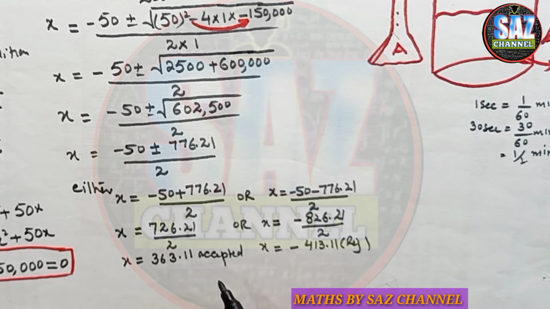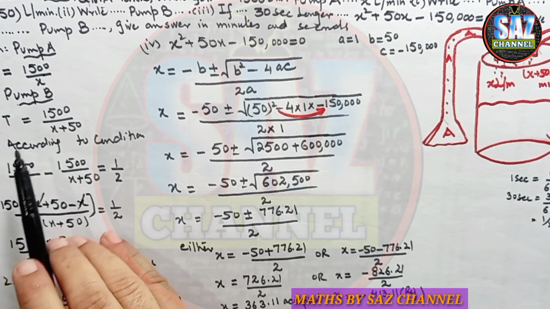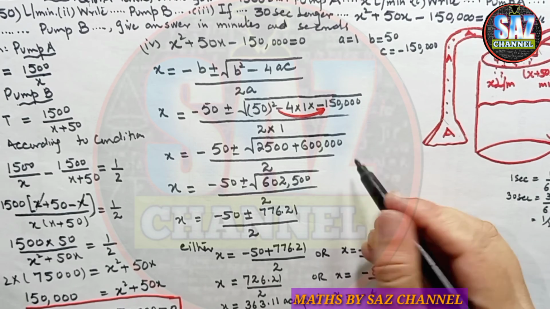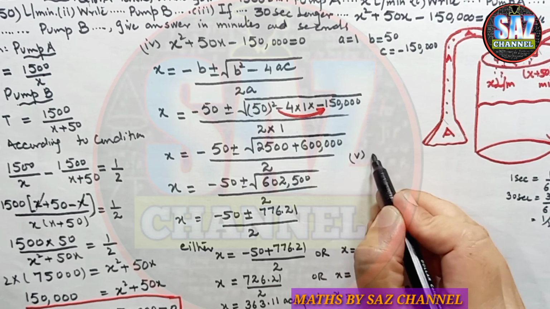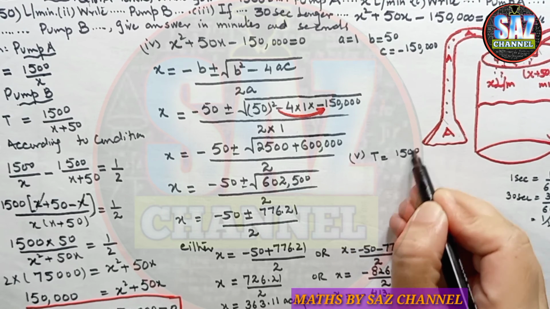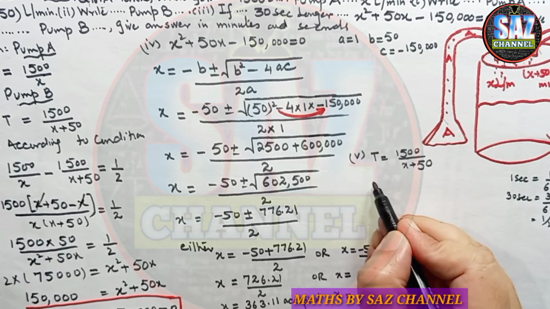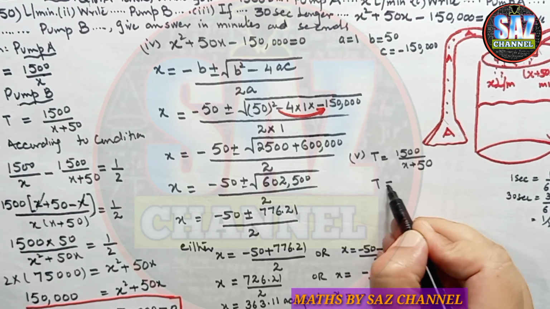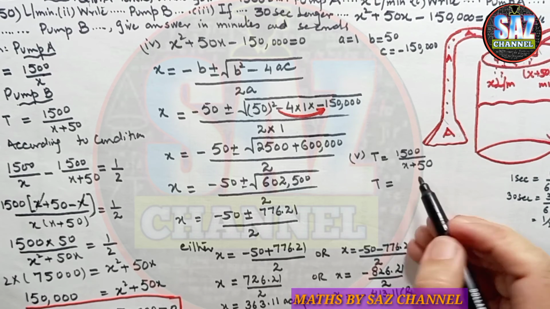Now the question says find the time taken by pump B to fill the tank completely. This is the fifth part of the question. The expression for the time of pump B is 1500 upon x plus 50. Now x will be replaced by 363.11.